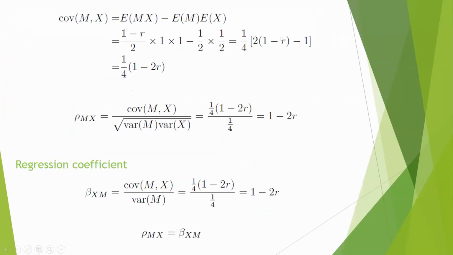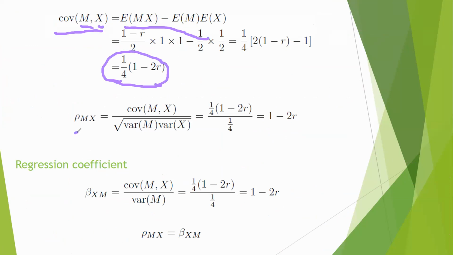Given this information, we can calculate the covariance between the marker and the QTL. This is how we calculate it, right? We just follow the formula to calculate the covariance between the marker and the QTL. So that's the number.